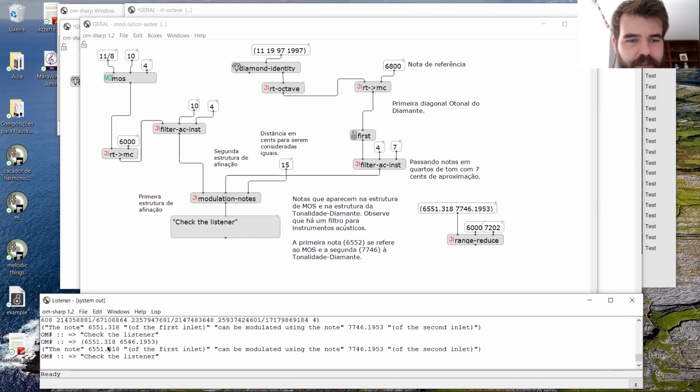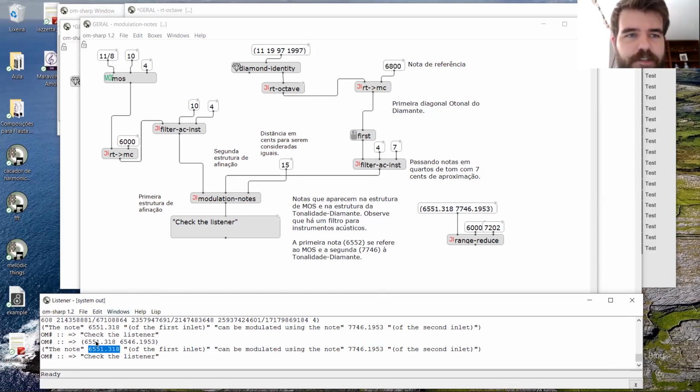What the object will tell us is that this note, which is an F plus one quarter tone, can be modulated with this note.